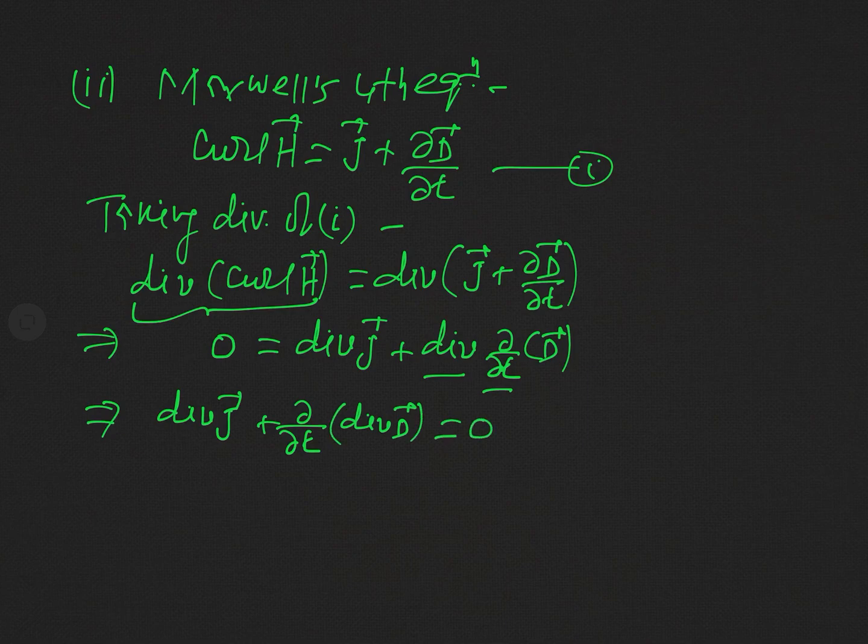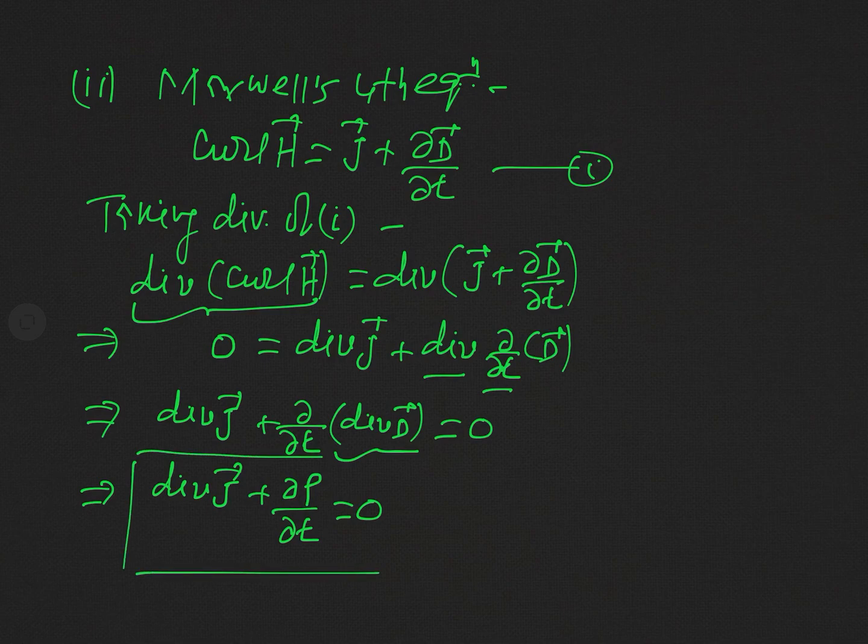is equal to 0. But you know from Maxwell's first equation that this divergence D is equal to what? This is equal to rho. Actually, that is Maxwell's first equation. So we can write divergence J plus del rho by del T is equal to 0.